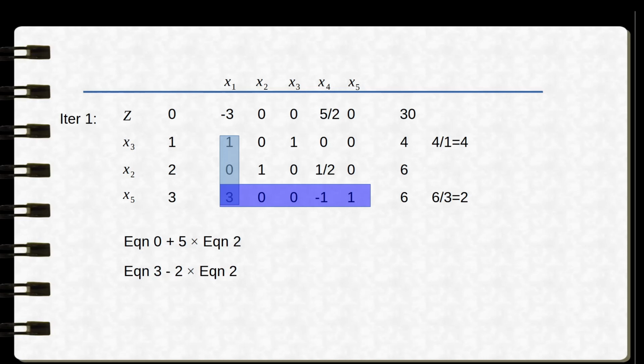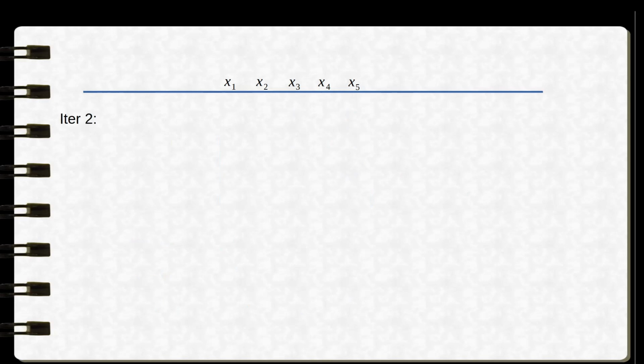Now, once again, we take equation number 3 and divide it by 3. And of course, why do we do it? Because now we want to make the coefficients of x1 as the coefficients of x5. So we go ahead.